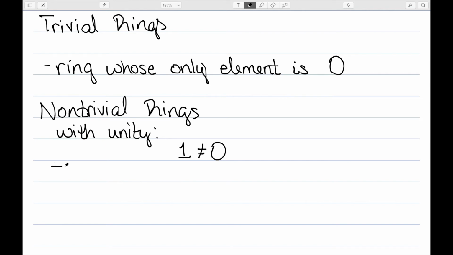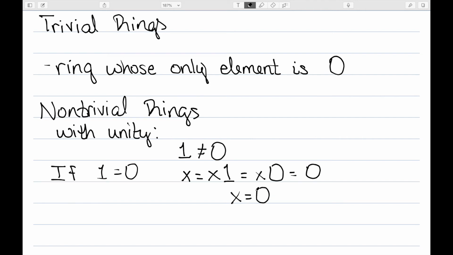This is because if we did have that 1 is equal to 0, well, x would be, by definition, x times 1. x times 1 would be the same thing as x times 0 because I'm claiming 1 and 0 are the same, and I've already proven that x times 0 is 0. So I started with a random arbitrary element of my ring and got that it equals 0.